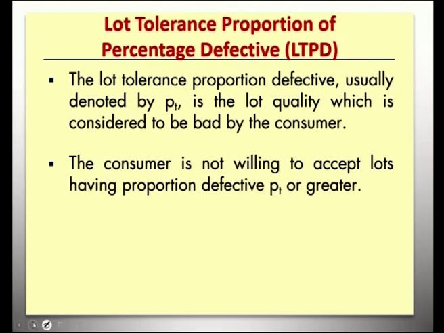The next terminology is LTPD, that is, lot tolerance proportion defective, or percentage defective. Instead of discussing only good lots, now we are discussing the rejecting side. When the defective fraction is very small, the lot is considered good and is accepted by the consumer.